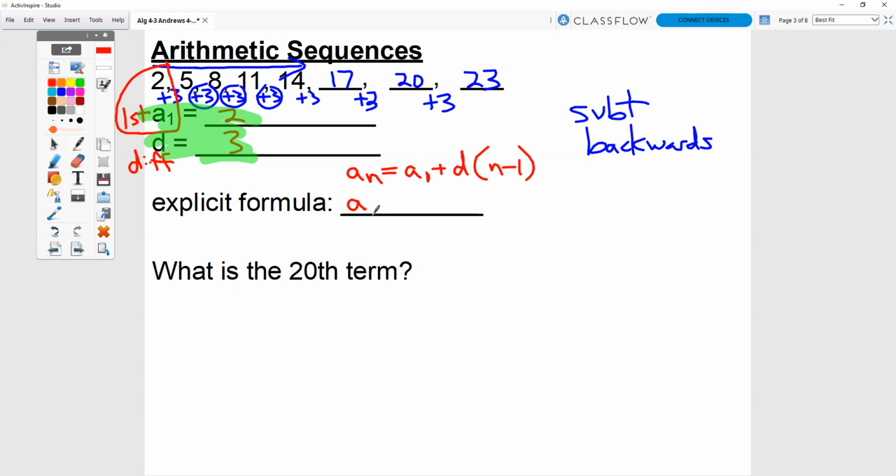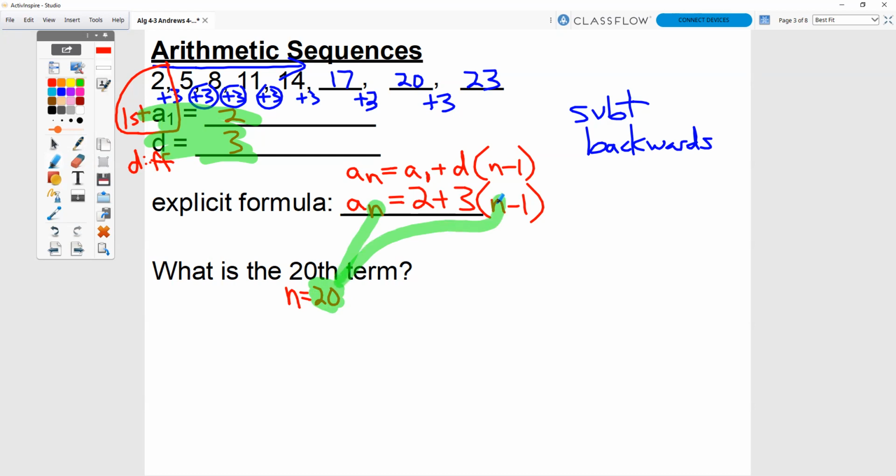So we're going to have a sub n, the term that you want, equals a sub 1, which is 2, plus the common difference, which is 3, times whatever your term number is, minus 1. Now they're asking you, what is the 20th term? When they ask for the 20th term, that means n equals 20. So I'm going to sub 20 in for n.